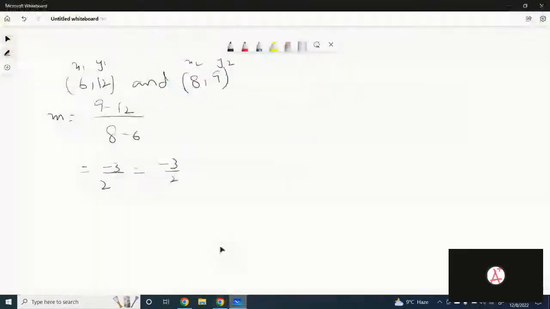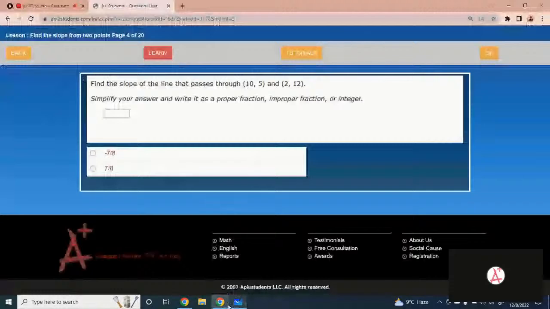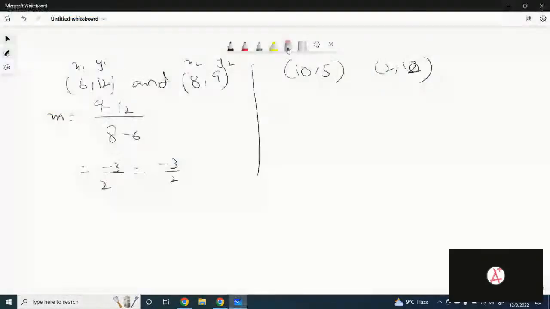It would be 10, 5 and 2, 12. So it is x1, y1, x2, y2.